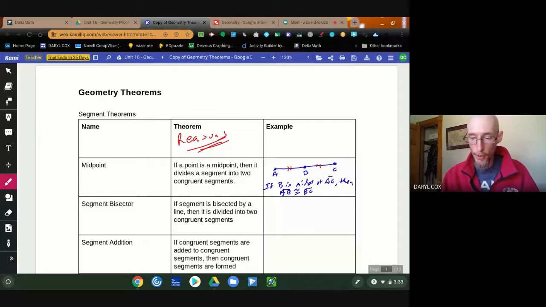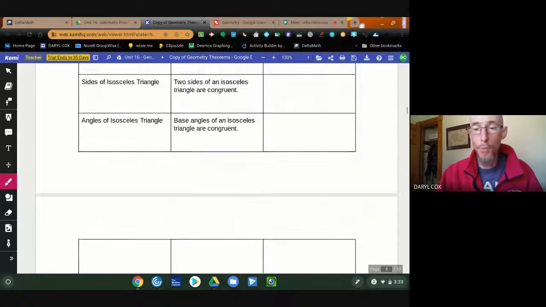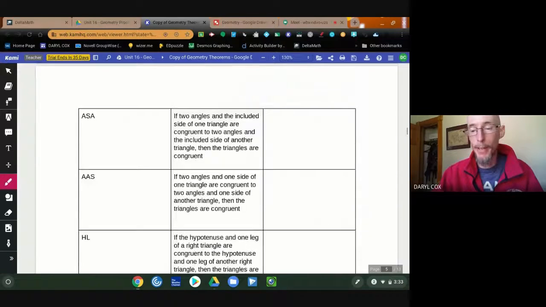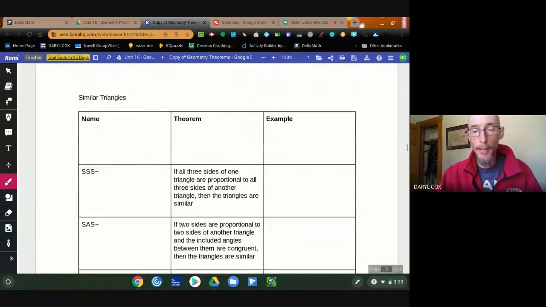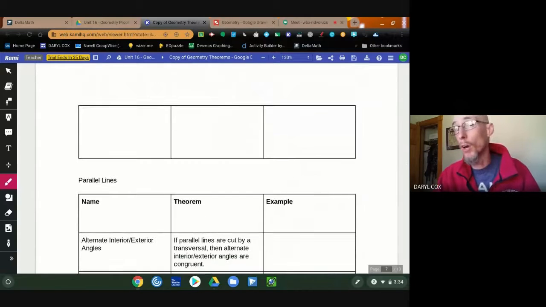If you notice, there are, according to what this says here, 13 pages. So there's a lot of information here. You don't want to try to sit down and do all of these in one night. You're going to get very angry at me if you do that. Now, you'll also notice I left some open boxes sometimes. As we work on proofs, you may come up with a statement or a theorem that I hadn't thought of yet.